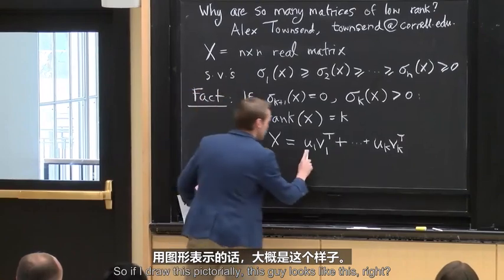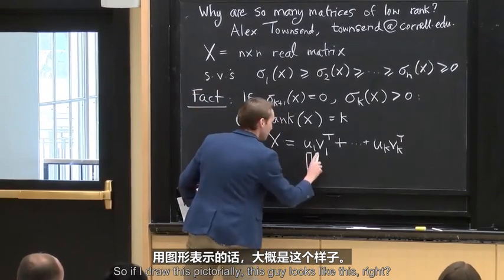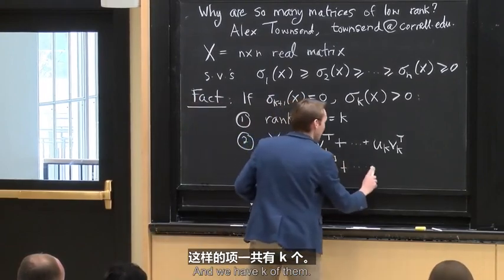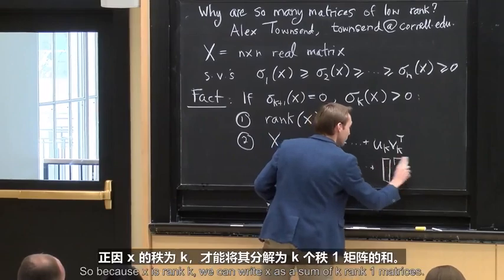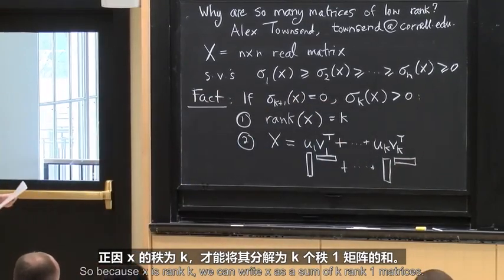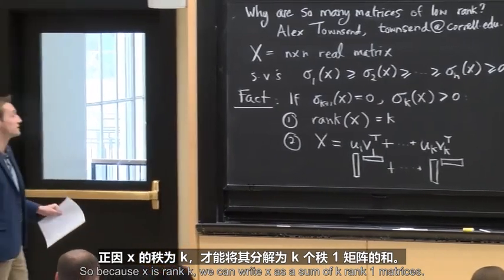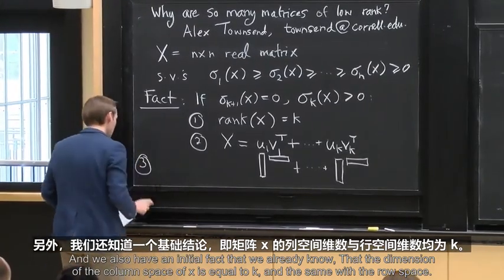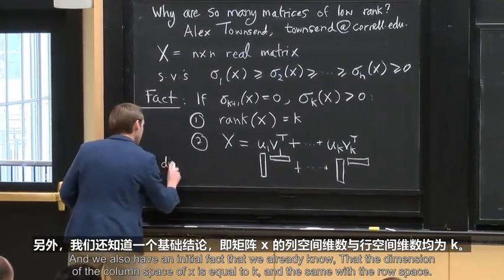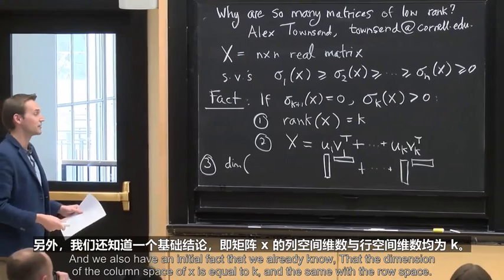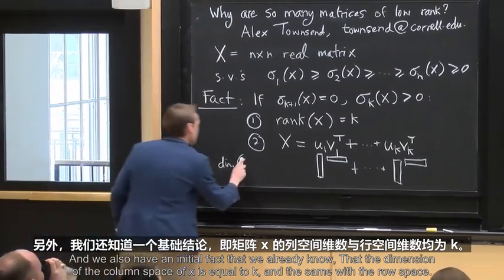So if I draw this pictorially, this guy looks like this, right? And we have k of them. So because X is rank k, we can write X as a sum of k rank 1 matrices. And we also have an initial fact that we already know, that the dimension of the column space of X is equal to k, and the same with the row space.